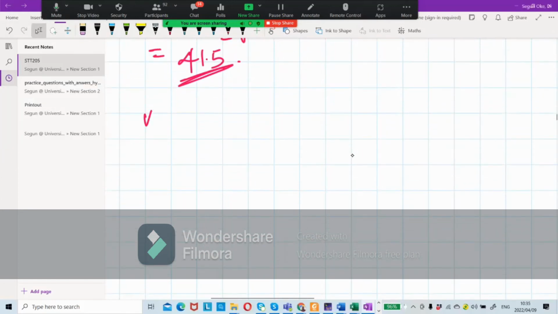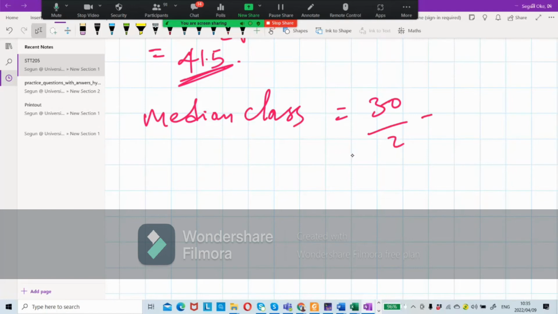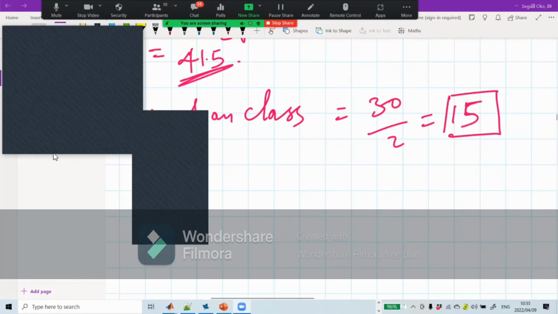So for the median class, we have 30 divided by 2, which is 15. Now, go and check in your cumulative frequency, where do you have 15? We have 15 in 41 to 50.